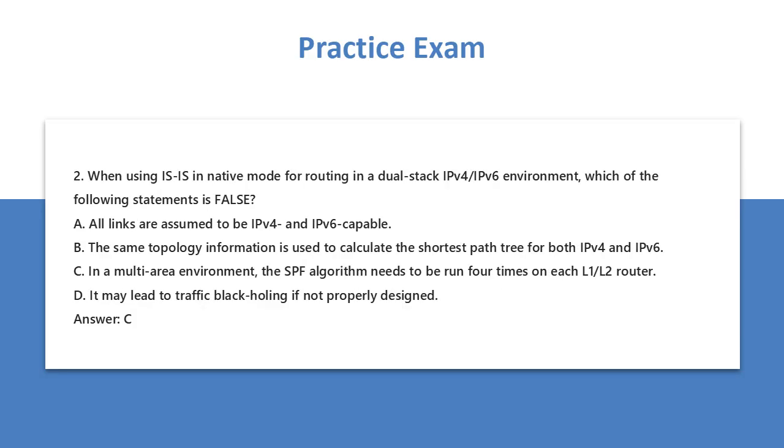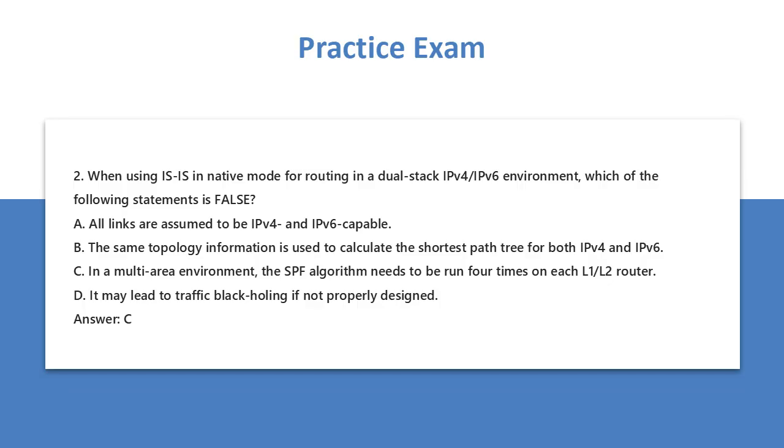2. When using IS-IS in native mode for routing in a dual-stack IPv4, IPv6 environment, which of the following statements is false? A. All links are assumed to be IPv4 and IPv6 capable.